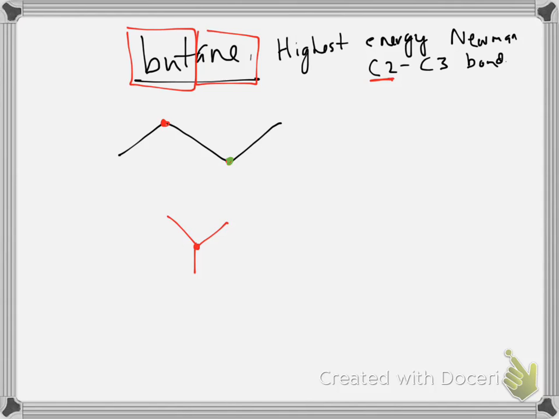So I want to evaluate what things are attached to that red carbon. So what do I have? I have a CH3 and 2 hydrogens. Why did I not draw the green atom in this yet? Because that's going to be the one in the back.